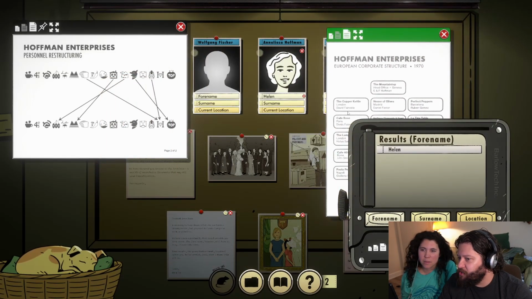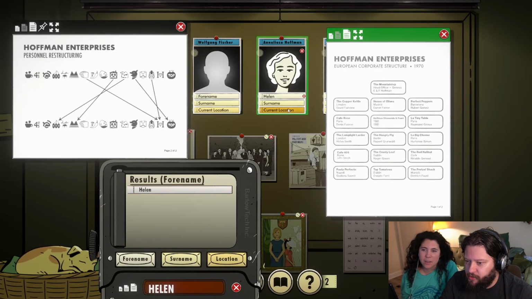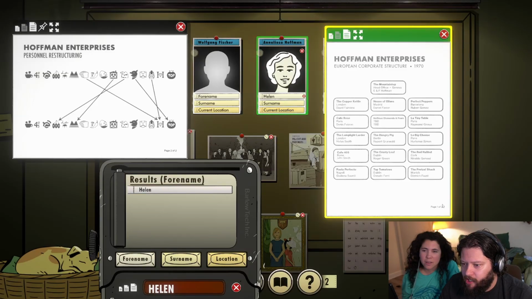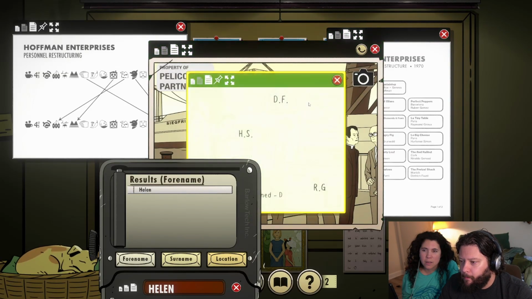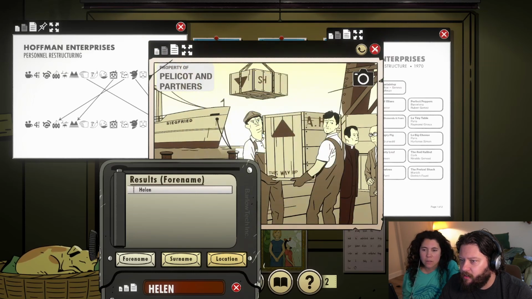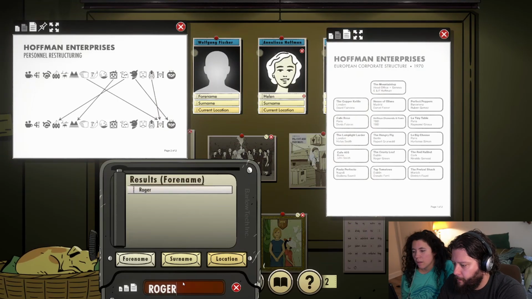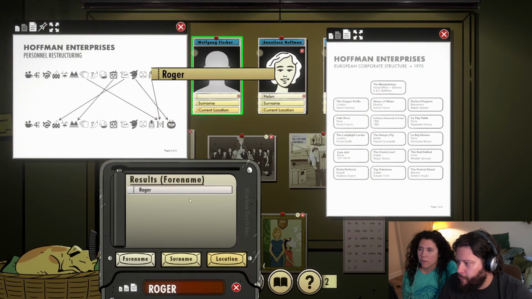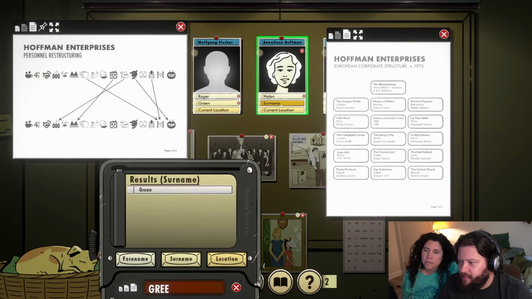David Fairview was also in London. Okay, there you go. So they were both in London. The Crusty Loaf, Roger Green. Roger Green. Okay, so Roger Green and Helen. How'd you get Smith?